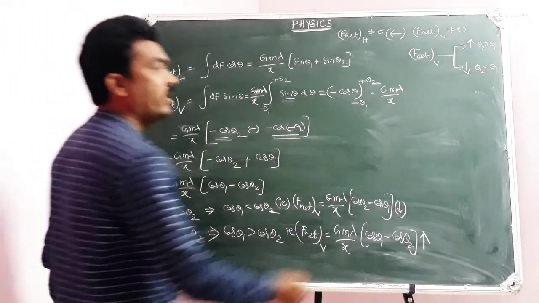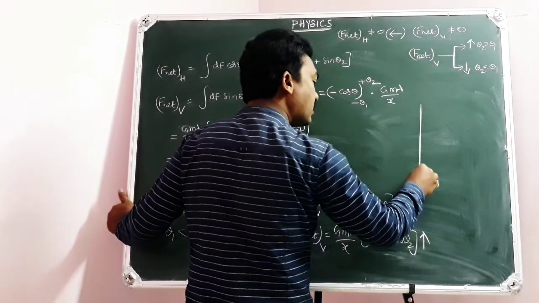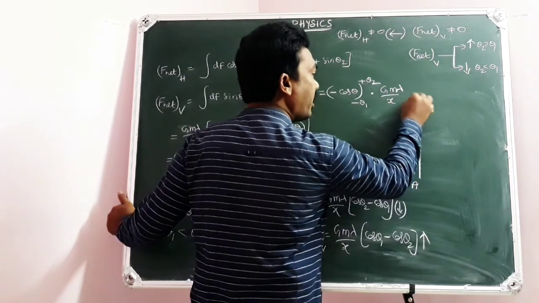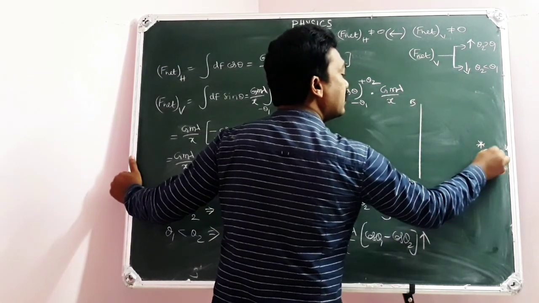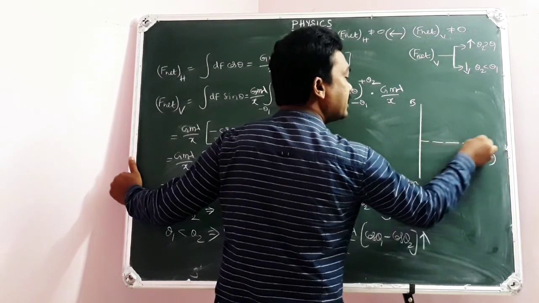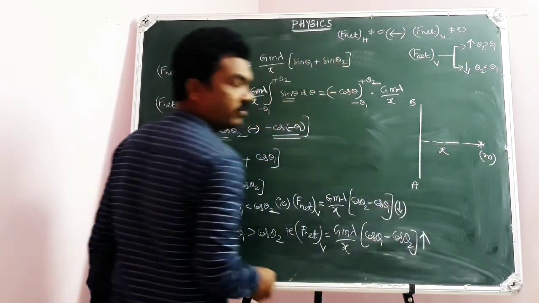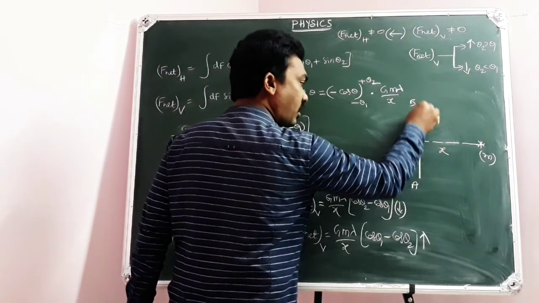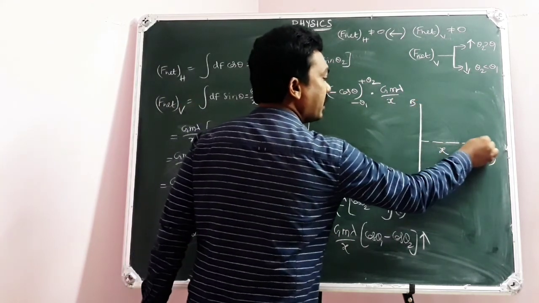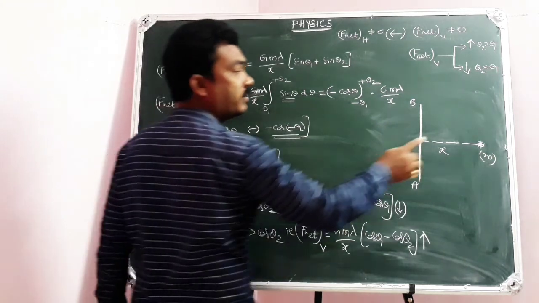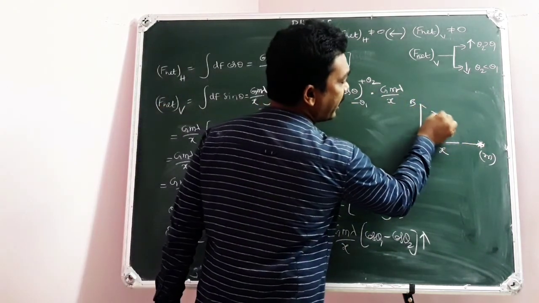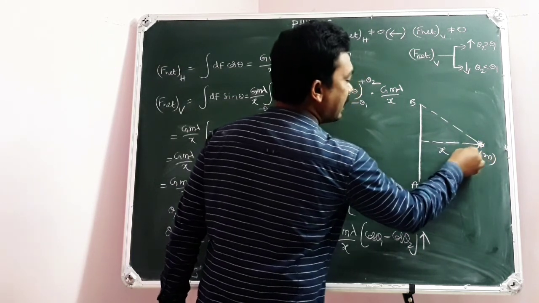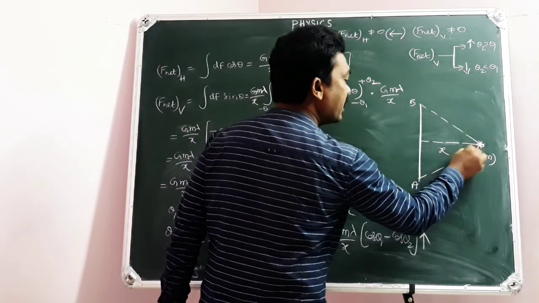So, when you are calculating the force of gravitation due to a rod on a point mass, and the mass is located at a distance x, the force of gravitation due to the rod on a point mass. Of course, I told you the point mass is not located symmetrically. One end of the rod makes an angle theta 1, the other end of the rod makes an angle theta 2.